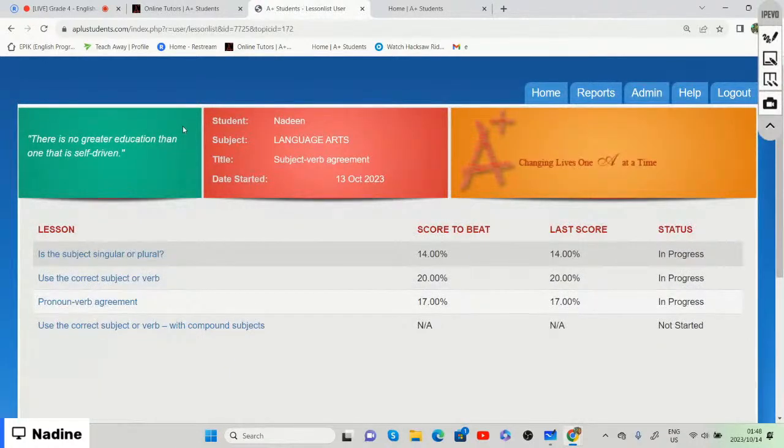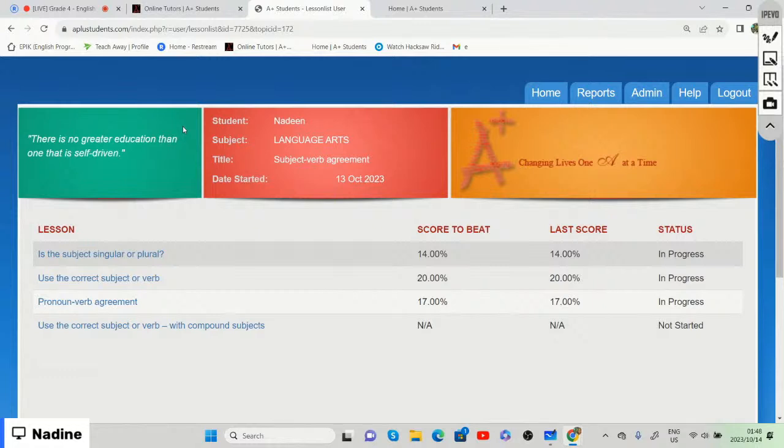All right, so that is now the end of our lesson on subject verb agreement. Remember, we said that with subject verb agreement, we identified the subject that was singular as well as plural. If a subject is singular, then our verb needs to be singular too, where we add either s, es, or ies.